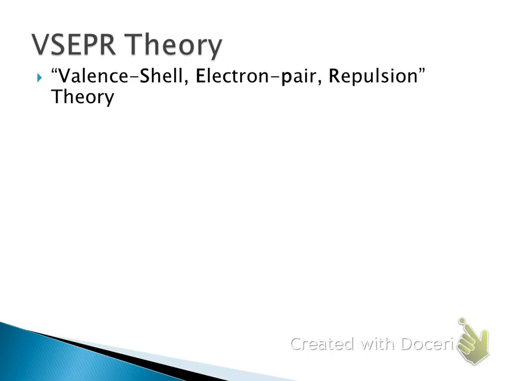So I'm going to break this down a little bit for you. Valence shell, when we say valence, we mean outer electrons, right? Our valence electrons are the ones in our outermost shell available for bonding. So when we talk about valence, we're looking at our outermost electrons, the ones that are available to bond.